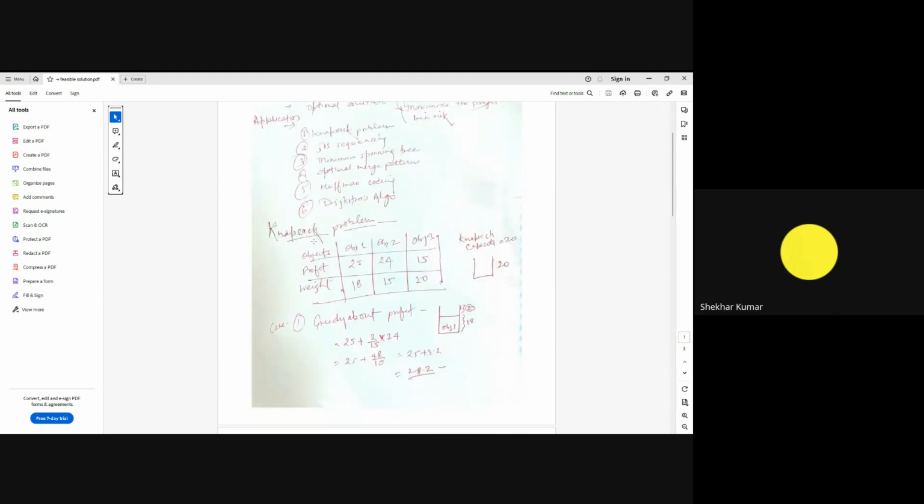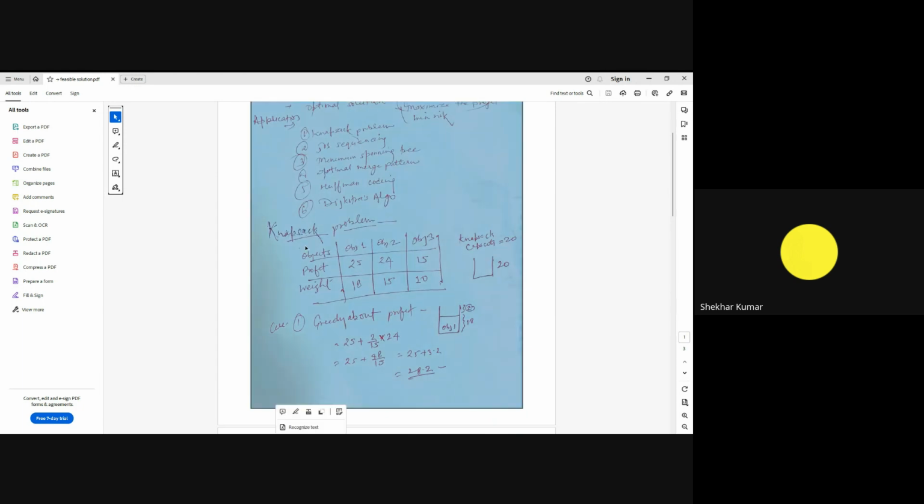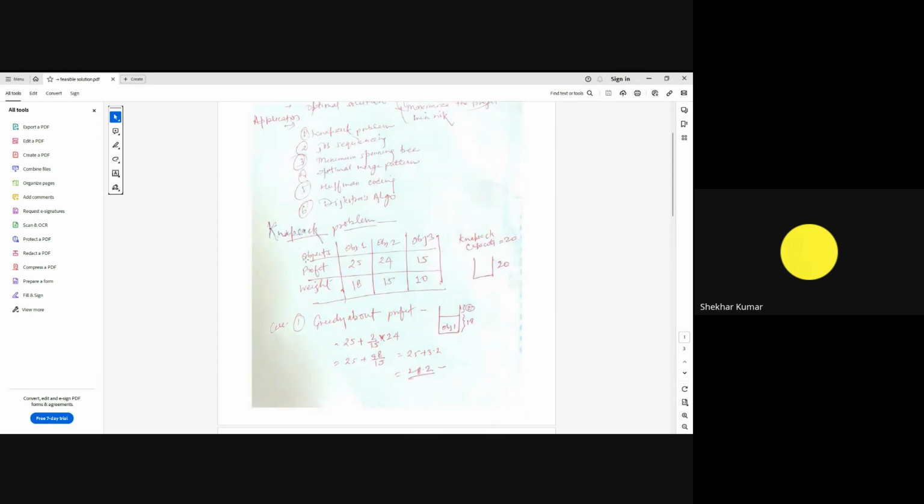Here you can see there are three objects: object 1, object 2, and object 3.